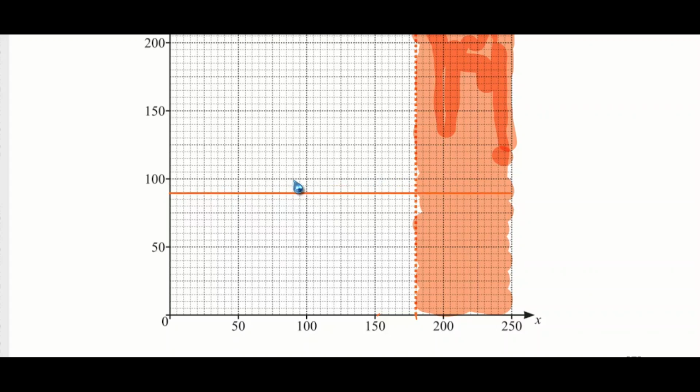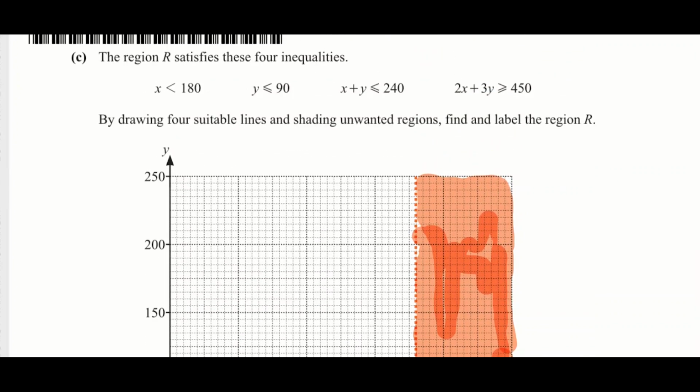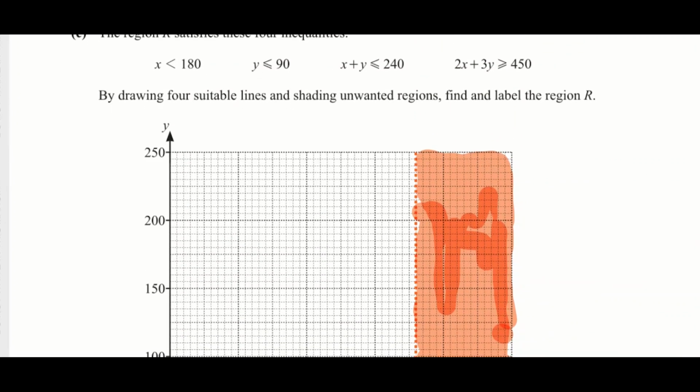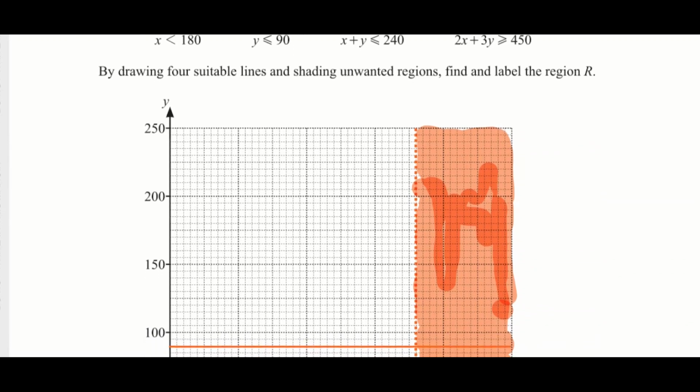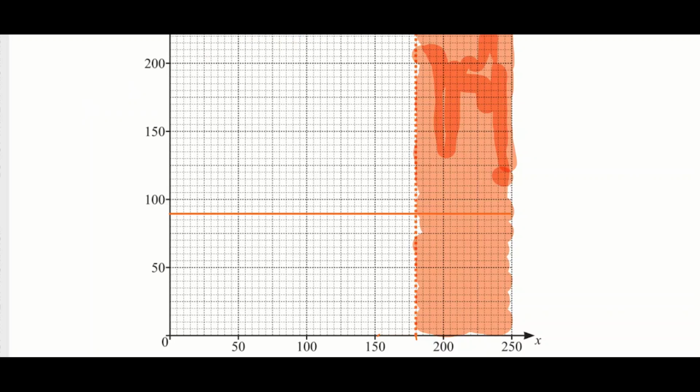Okay, that is y equals 90, but we need the values of y that are less than or equal to 90. So the needed region will be here, so we don't need above, so we need to remove all these ones. So I can just take these ones like this. Okay, so don't need this area.